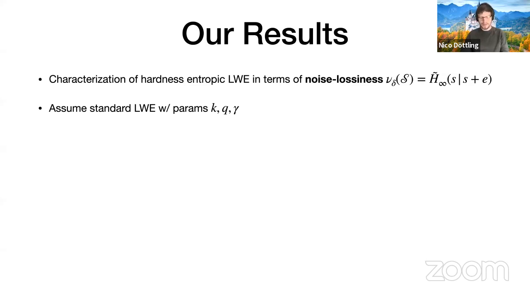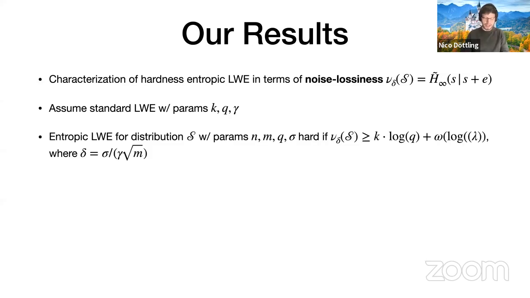And assuming that we have hardness of standard LWE, that's LWE with uniform secrets for some dimension k, modulus q and a Gaussian parameter gamma, we get that entropic LWE for an entropic distribution S, with dimension n, m samples, modulus q, and Gaussian parameter sigma, is hard if the noise lossiness is at least k log q.